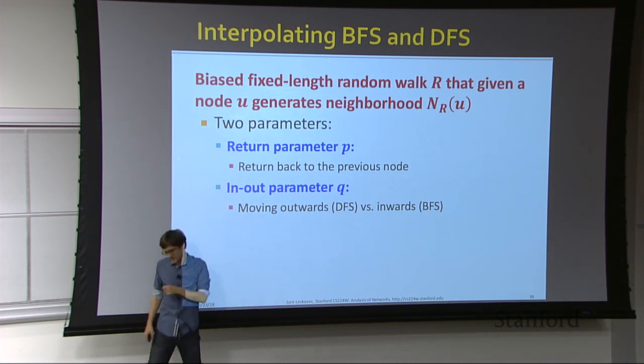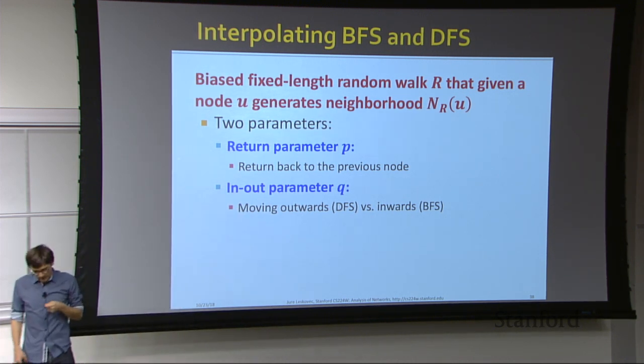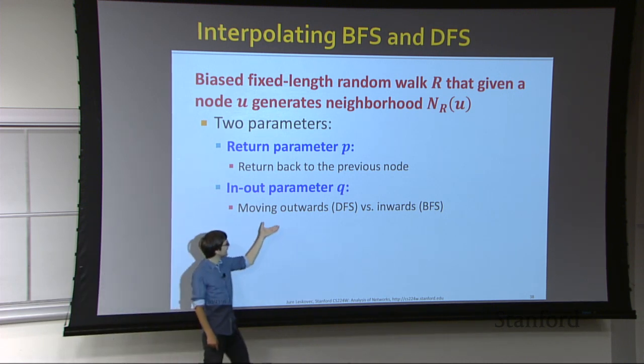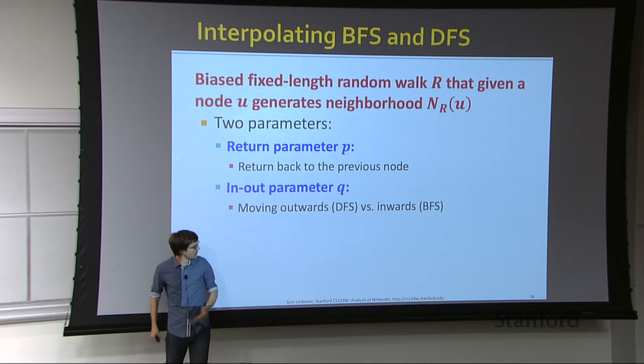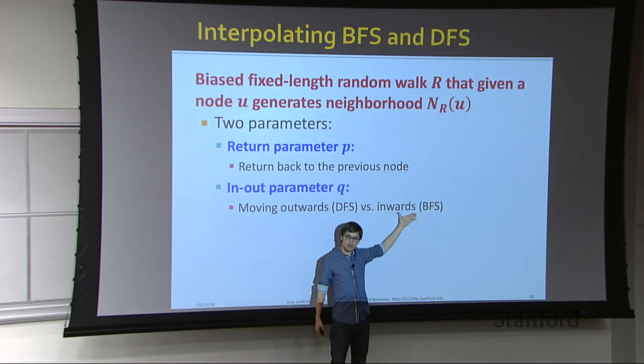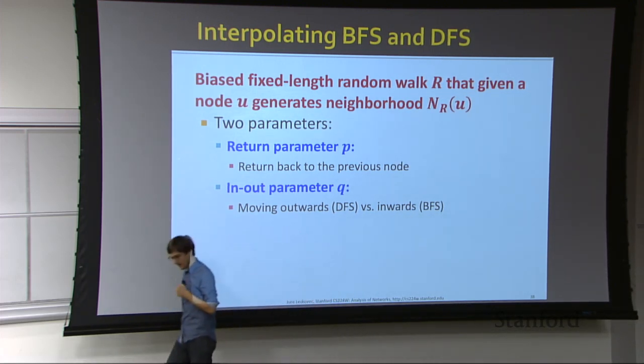The second parameter is what we call the in-out parameter, which tells us whether we would like to move away from node U, or stay close to node U. That's the idea.